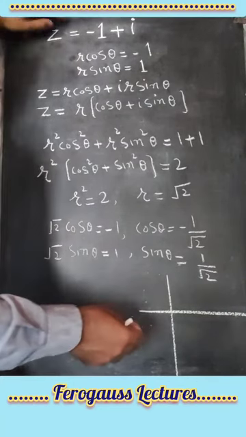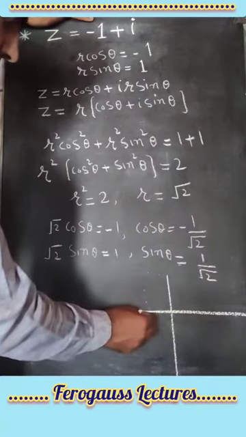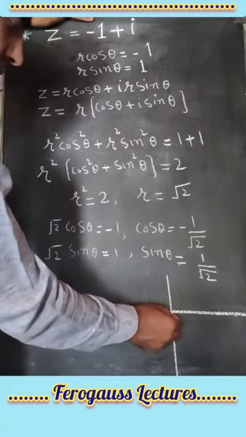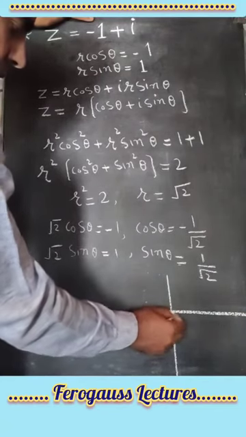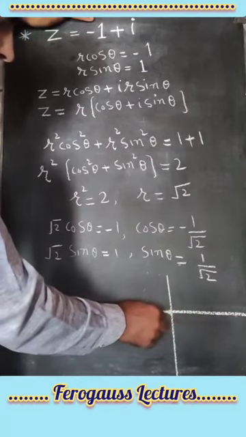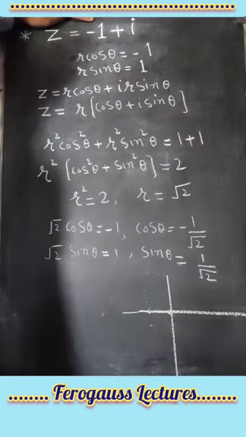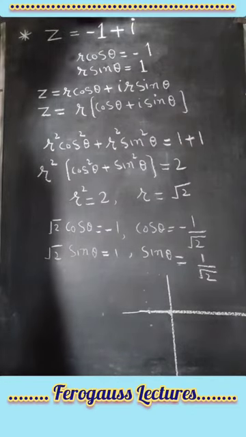So real part is equal to minus 1. That means we have to move from origin 1 unit towards the negative real axis. So let this be equal to 1 unit. And imaginary part is equal to plus 1.